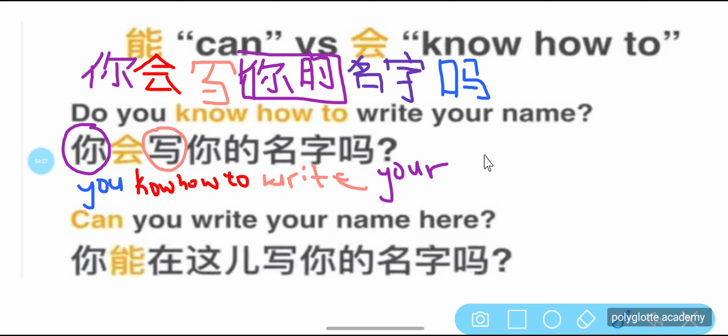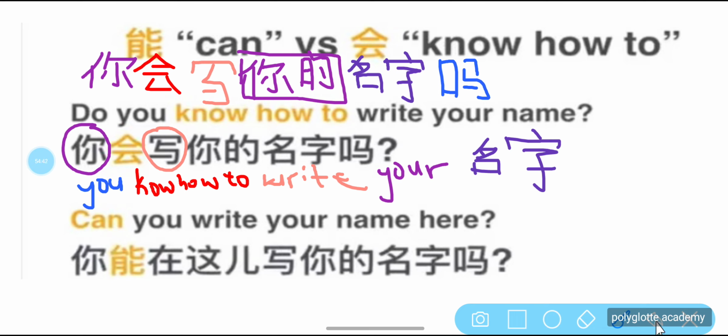We're going for a different color, maybe a thick color, for 名字 so it will be clear. 很好.